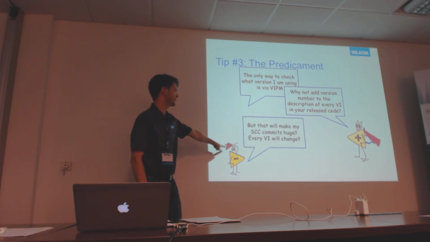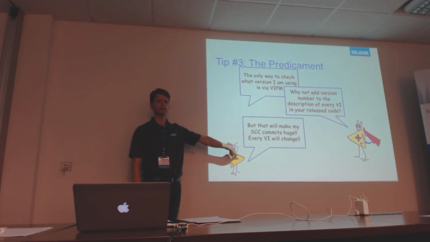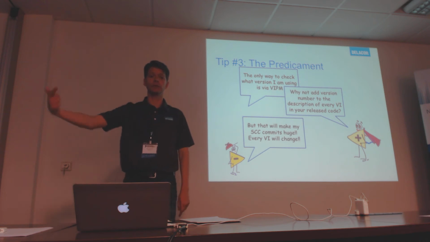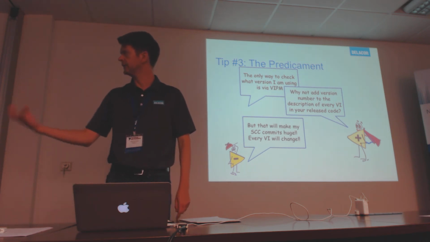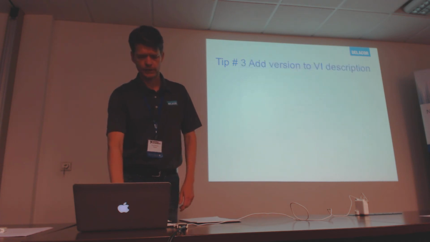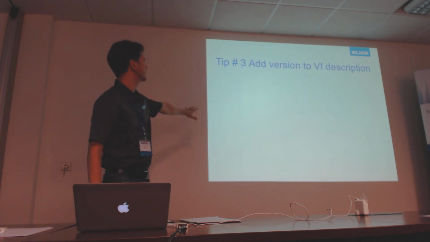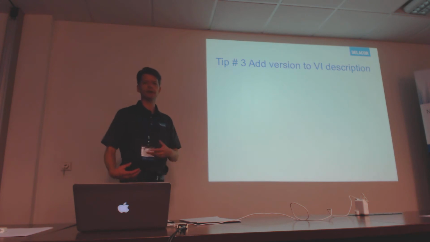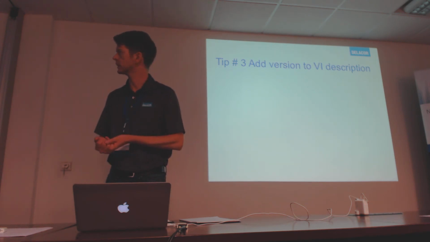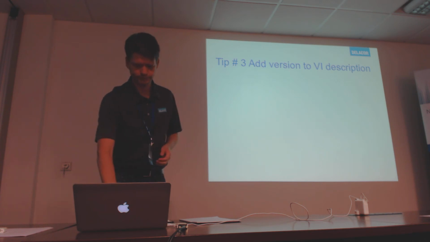Well, yeah, but then that makes every single VI in source code control look as if it's changed, because every time I rebuild my package, I've got to give each VI a new version number. So one thing you can do is add a version to the VI description programmatically during the build process.